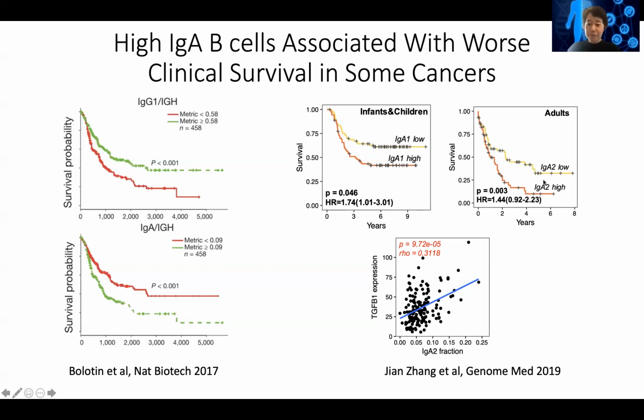And so in the tumors, cancer cells sometimes can secrete cytokines to force the antibody from a killing type to a suppressive type. And one important cytokine is TGF-beta. You can see here in the tumors, if the tumor has more TGF-beta, the antibody will shift more towards the IgA type. But if it has less, the tumor has more IgG antibodies, which means that antibodies in the tumors are recognizing the tumor antigen.